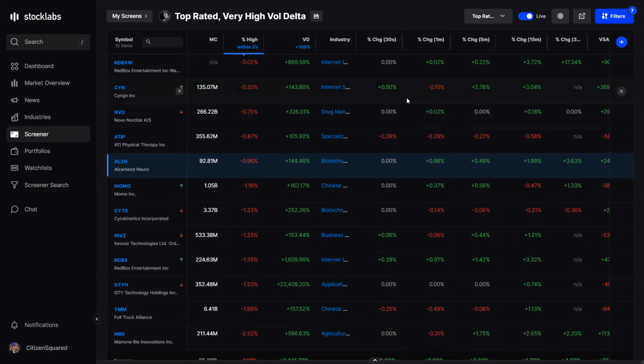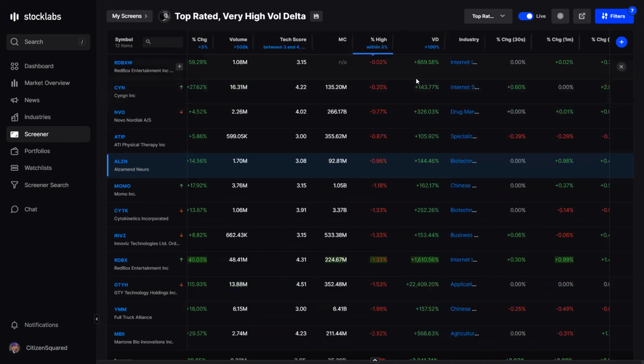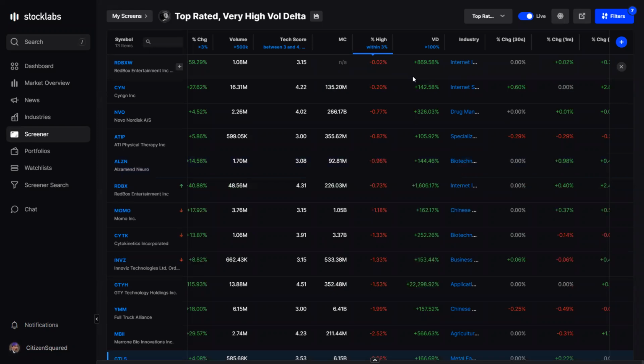So that would be something that you could key in on, and potentially depending on other things that are in your decision-making process, it might be a trade that you're interested in. But you're able to identify these things that are moving over smaller intervals than just the day. Okay, the stock is up 5% today. Okay, but has it moved in the last 3 hours? Like maybe not.